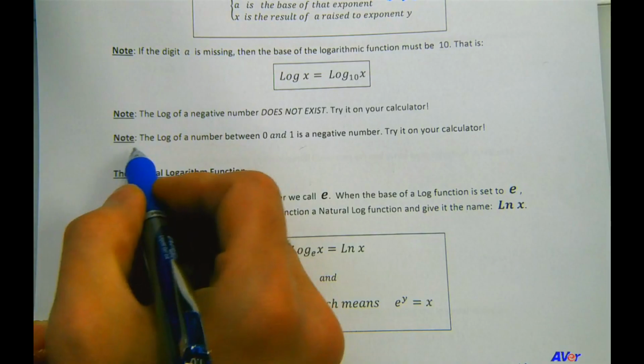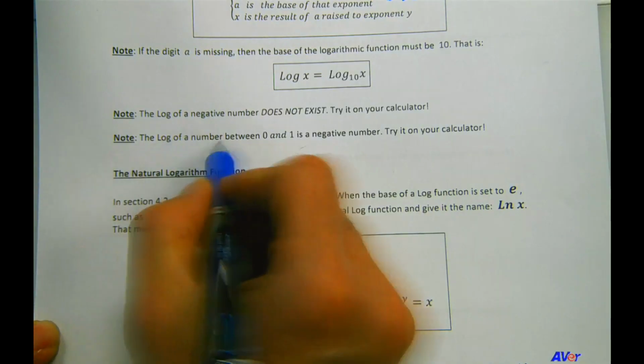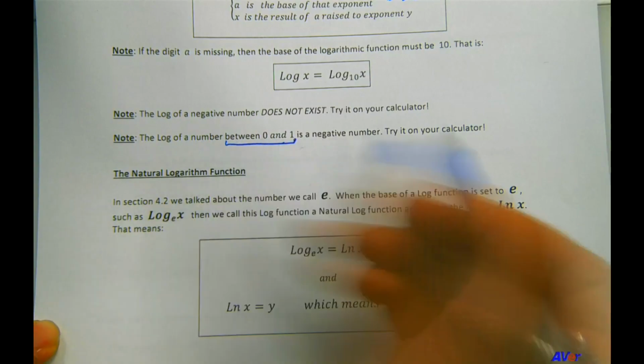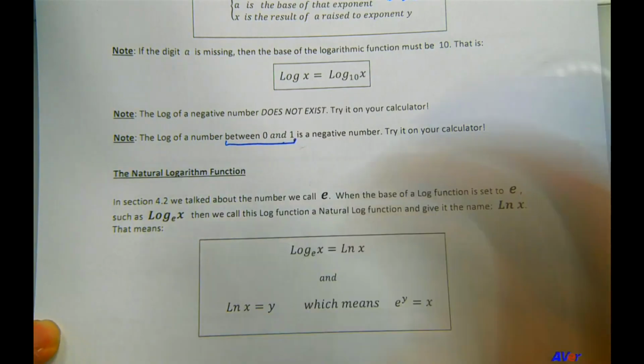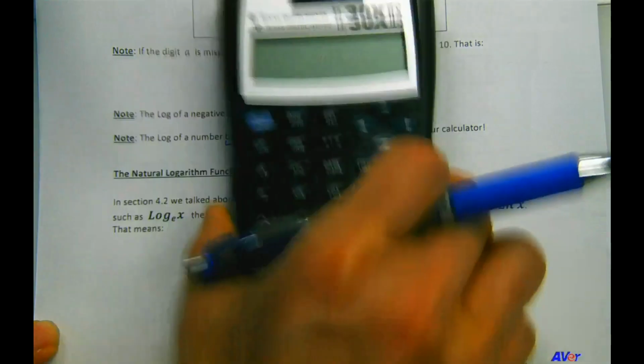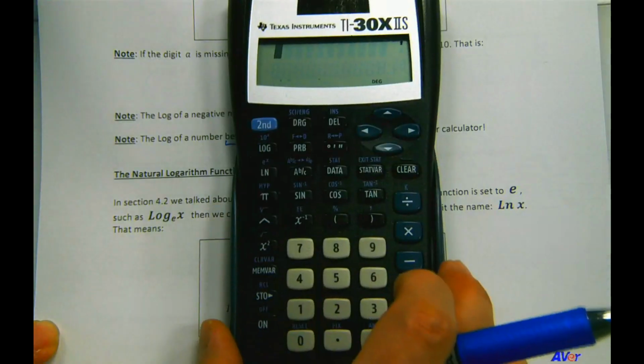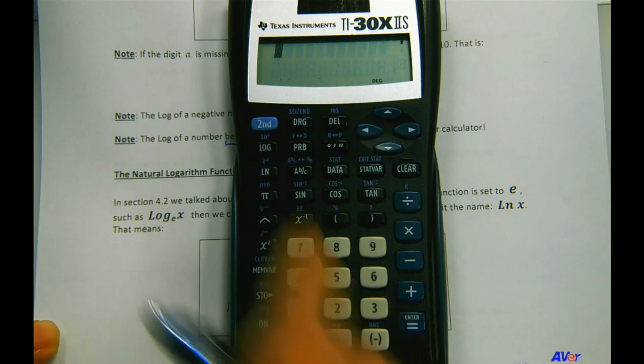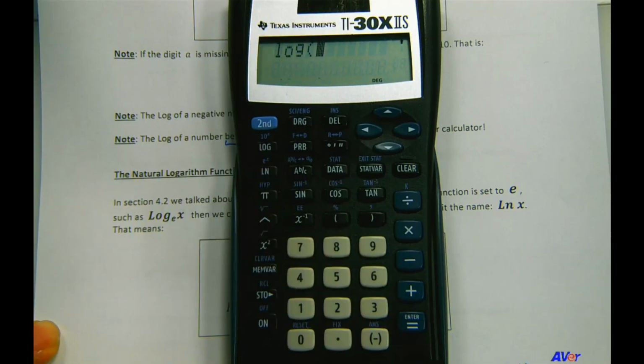On the other hand, the log of a number between 0 and 1 is a negative number. Try it on your calculator. Let's do that. So let's take the log of 0.325.